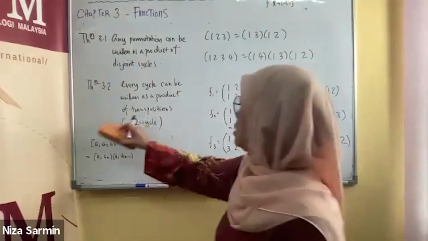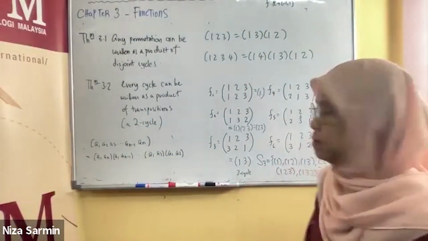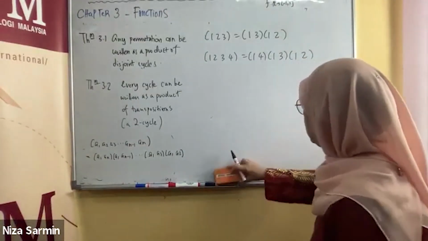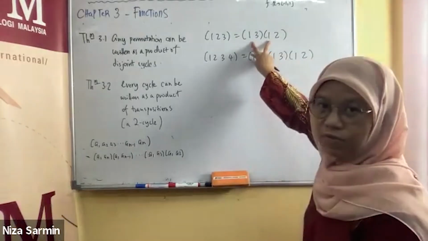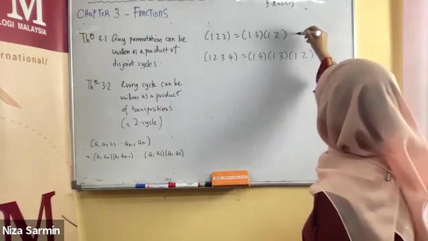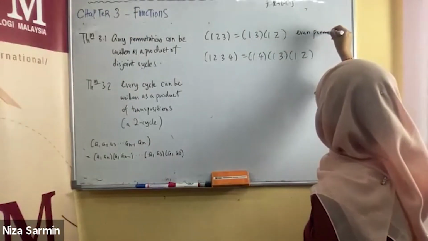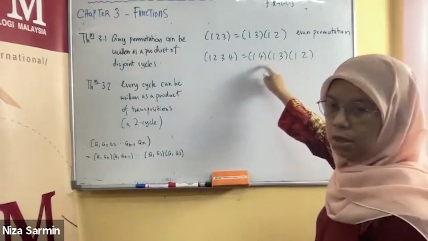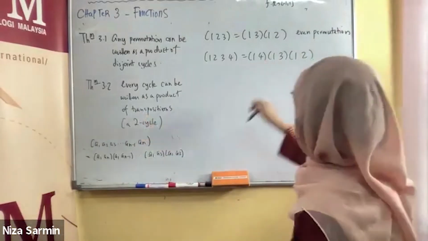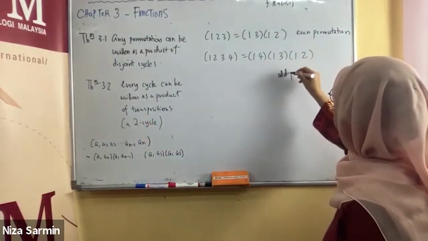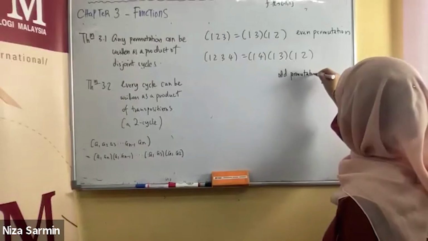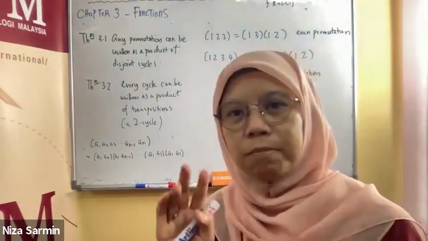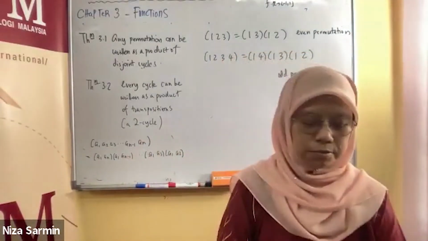Why do we want to write a cycle as a product of transpositions? There's a reason. The reason is that if it is a product of an even number of transpositions, it is called an even permutation. If it's a product of an odd number of transpositions, it is called an odd permutation. So this is an odd permutation because it can be written as a product of 3 transpositions.